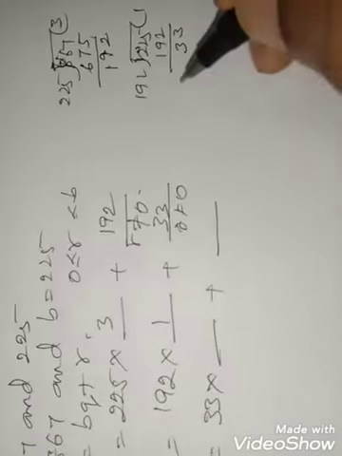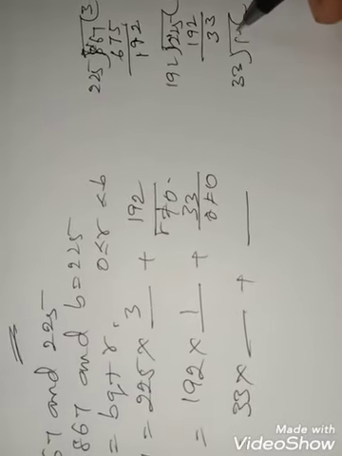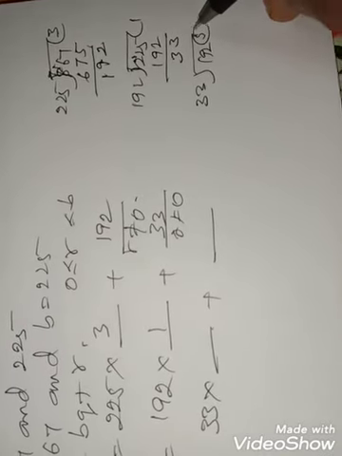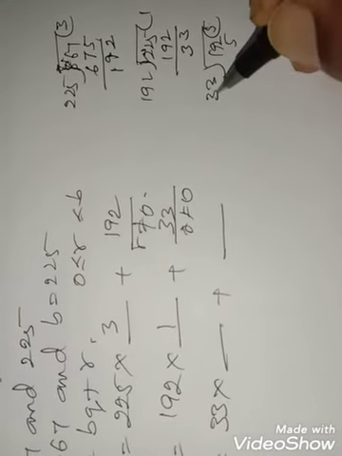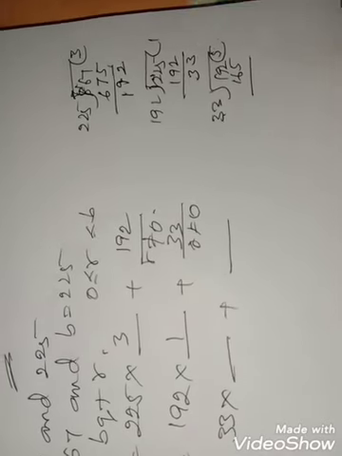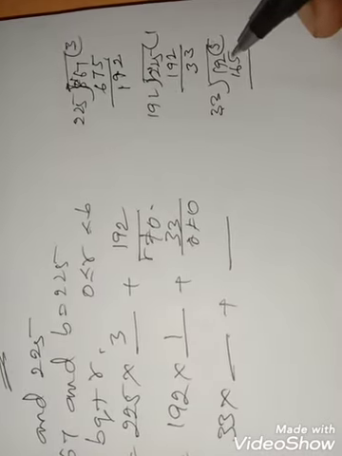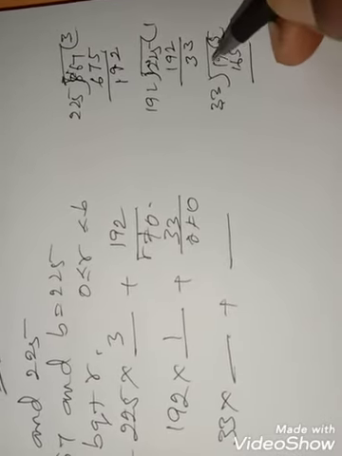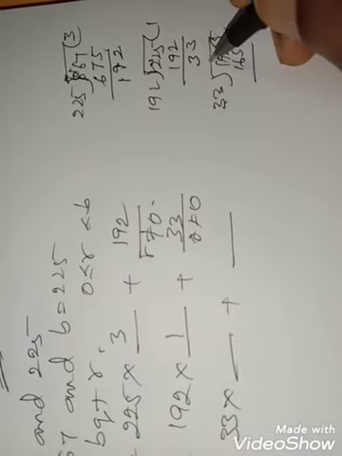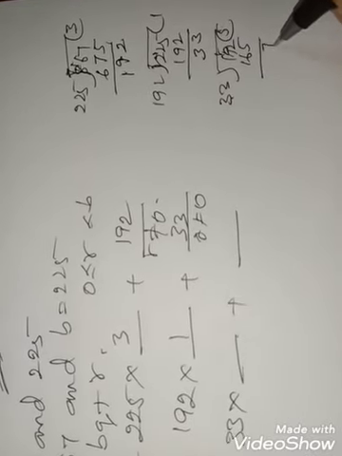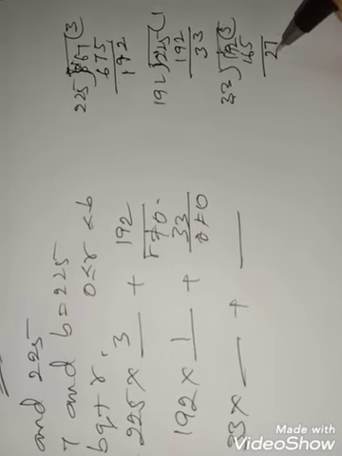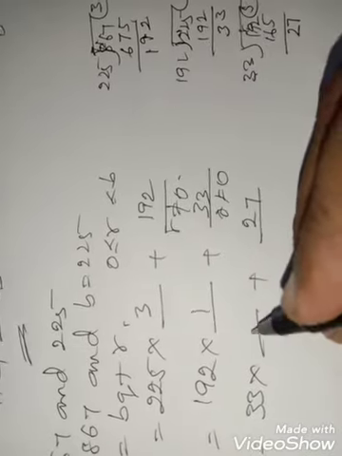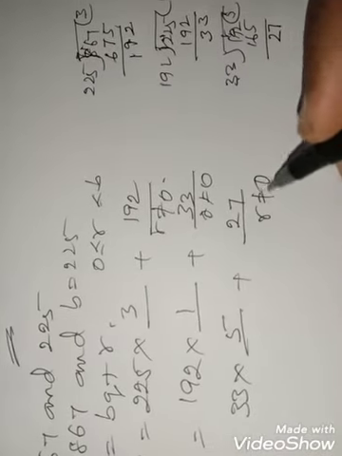Now divide 192 by 33. 6 threes are 18, which would give 198, which is bigger than 192, that's why I am multiplying with 5. 33 times 5 is 165, and 192 minus 165 is 27. So the remainder is 27 and the quotient is 5. Again the remainder is not equal to 0.